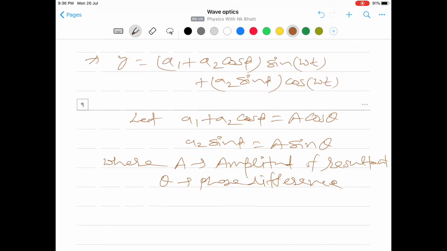Let us consider these two as equation 1 and equation 2.